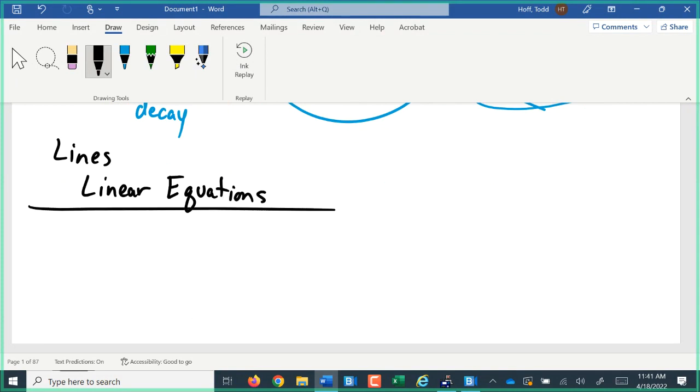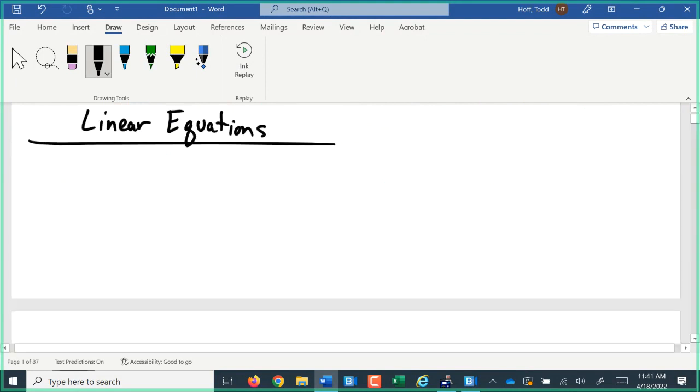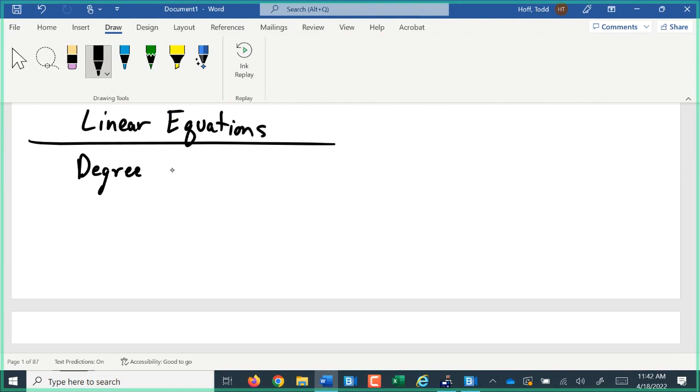From the examples we saw 2 weeks ago now, we can look at an equation and tell if it's linear by looking at something called the degree of an equation. The degree of an equation is just the highest power on the variables.